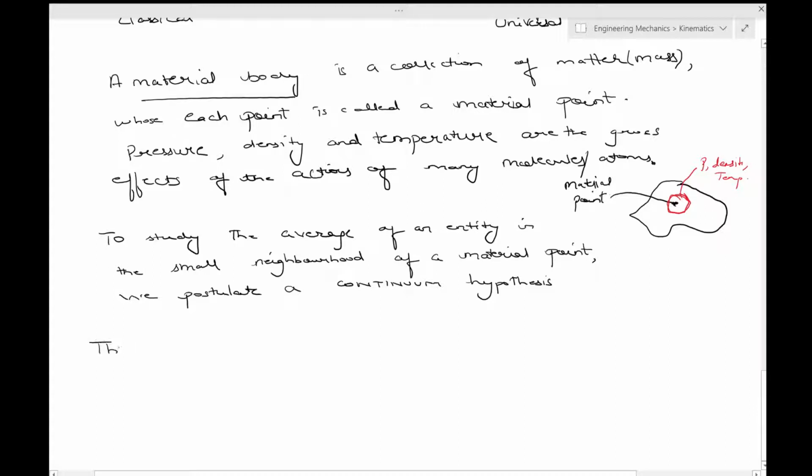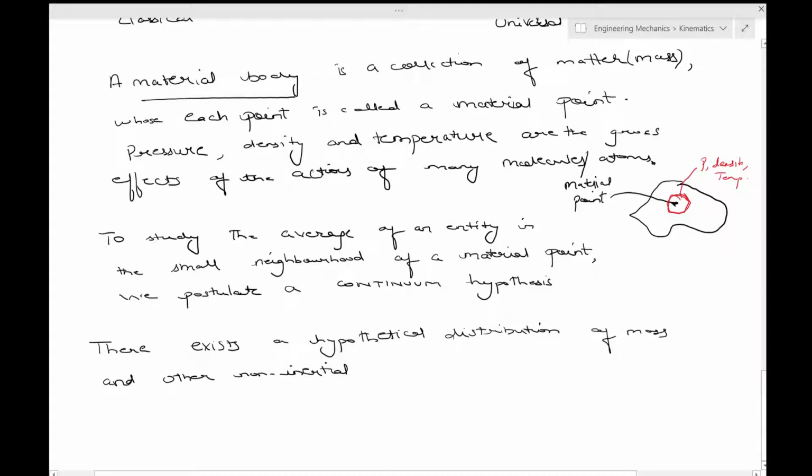There exists a hypothetical distribution of mass and other non-inertial properties over the volume of a given body with a volume density.